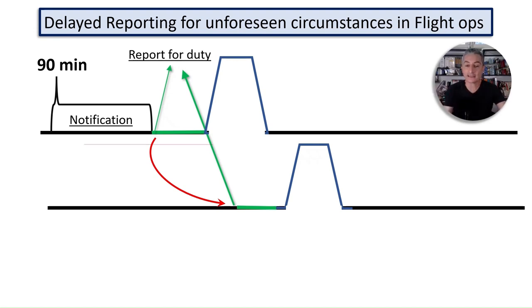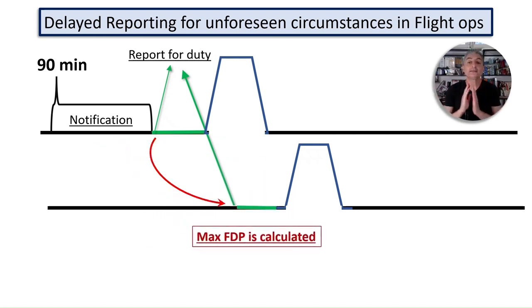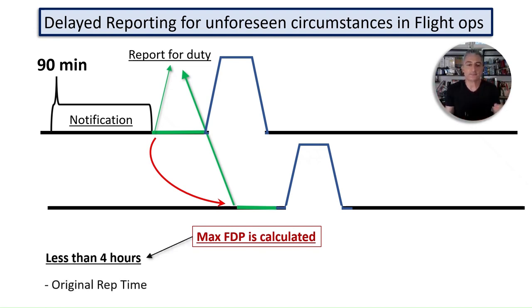How much later? And above all, how is the new maximum flight duty period calculated? Because now we are reporting for duty a bit later, so we start to work later. So it depends, because if this delay is less than 4 hours, then we keep the original reporting time for the calculation of the maximum flight duty period.